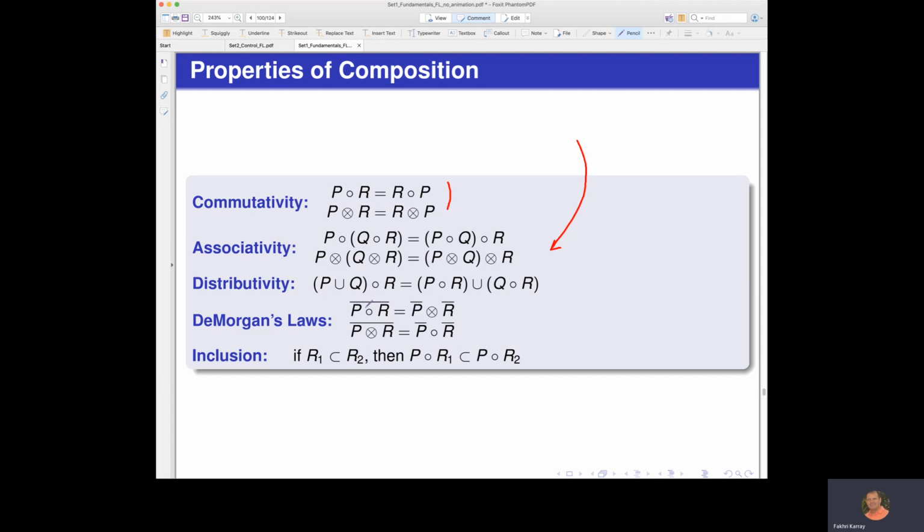De Morgan's law tells us that the complement of P composed with R is no other than the complement of P and the complement of R, while we have the dual operation. So if this is the sup-T, this is the inf-S of this De Morgan's law.